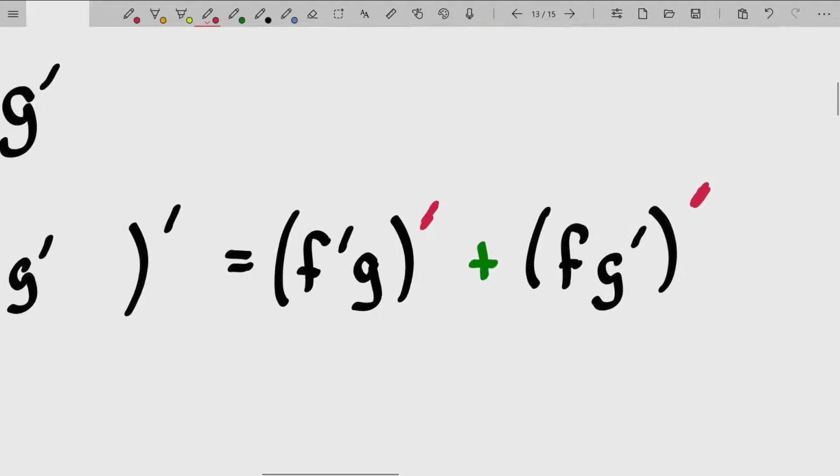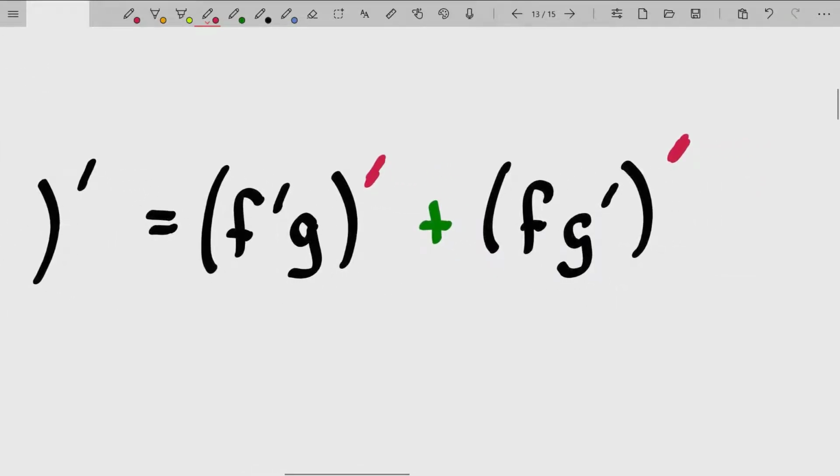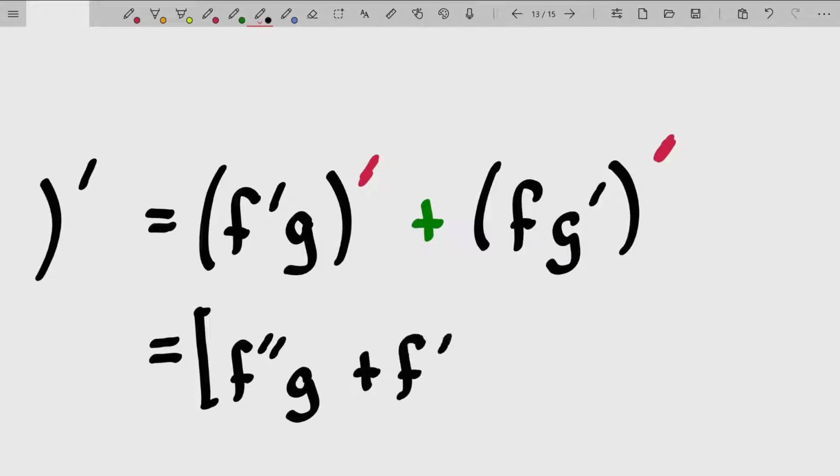Now, each of those subderivatives are products, right? So to take the derivative of this first group, the derivative of that first group is going to be the derivative of the first thing, which if you take the derivative of f prime, it'll be f double prime, times the second, plus the first, times the derivative of the second.